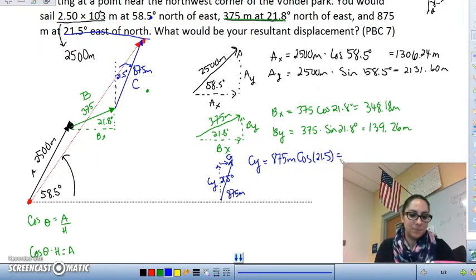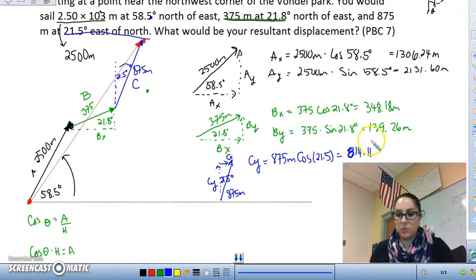So there we go. 21.5, great. So this is 814.11. I guess 814.12 if you want to round. There we go. And that's positive because it's up. And CX is going to also be positive because it's to the right.